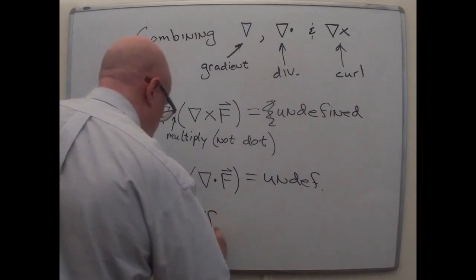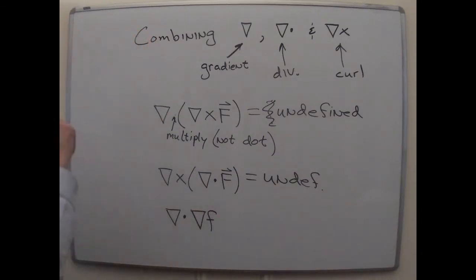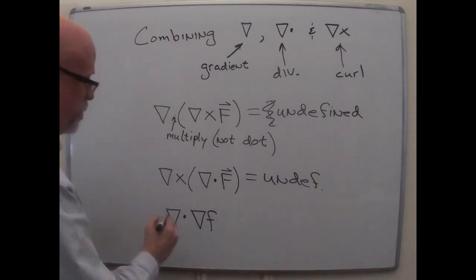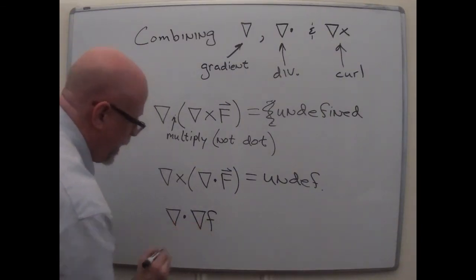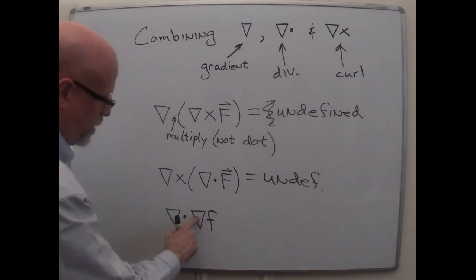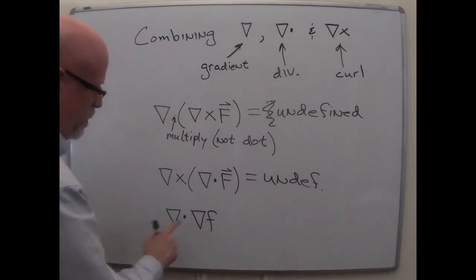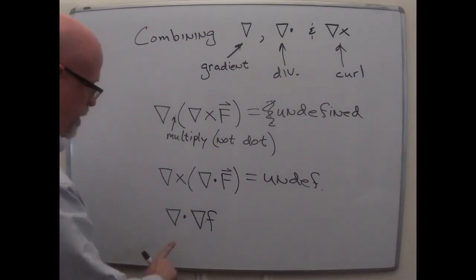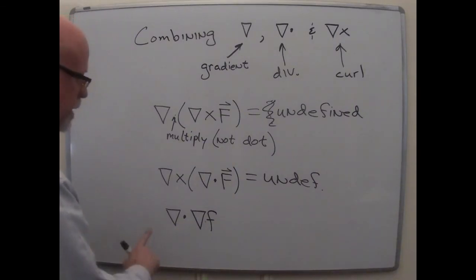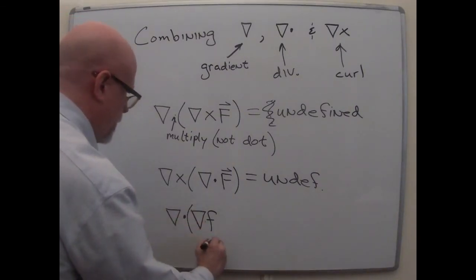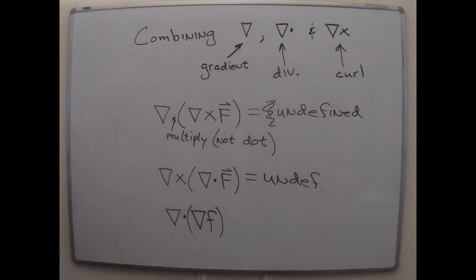So watch out, the two kinds of multiplying are both in here. That is the del operator times the scalar function f. The bigger dot is the dot product, and I think the implied order of operations is that.